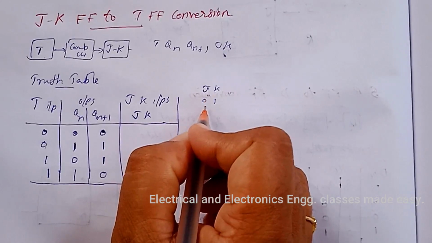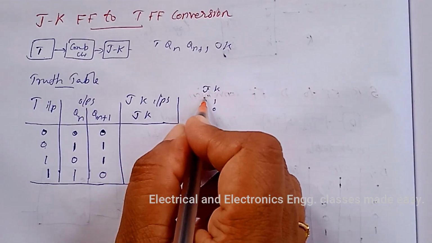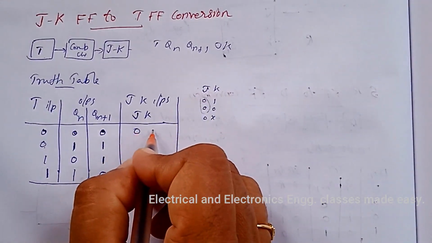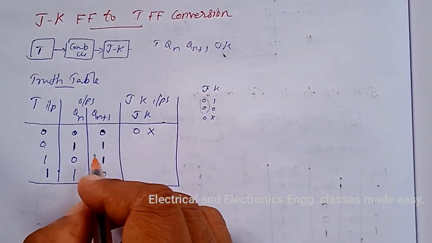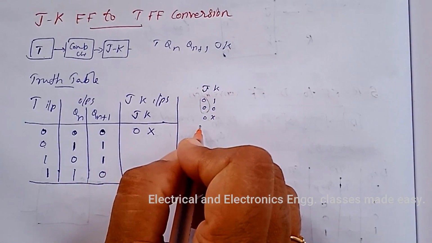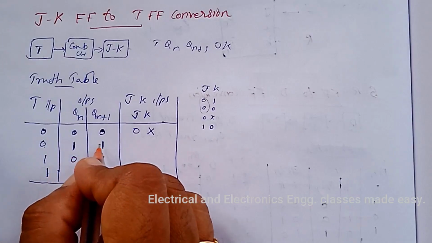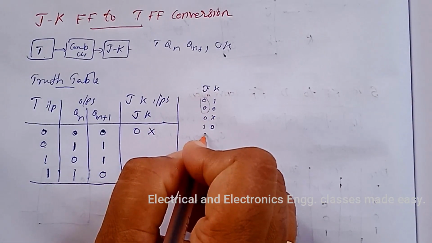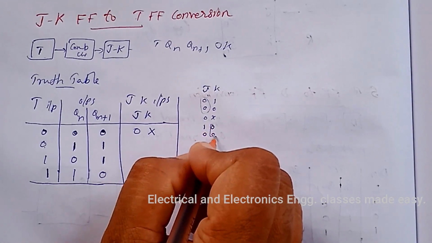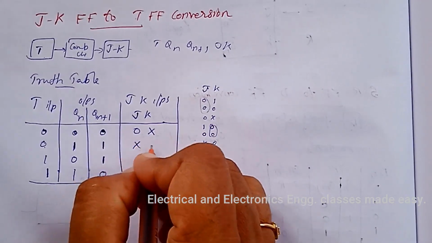To get no change condition, the JK inputs are 0 0, that is here we get 0 don't care, 0 and don't care. Then to get 1, the JK inputs are 1 and 0 and this is also no change condition. To obtain no change condition, the inputs are 0 0. So here we get don't care 0, don't care 0.